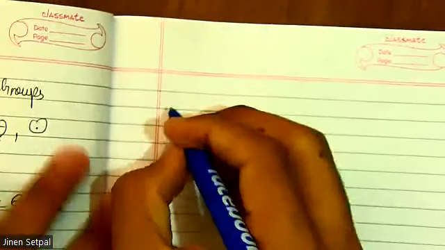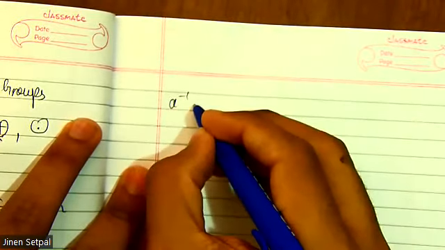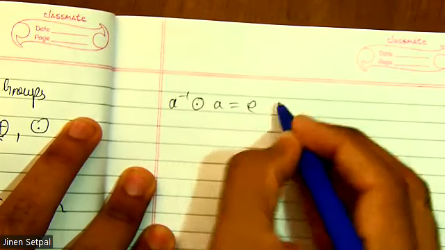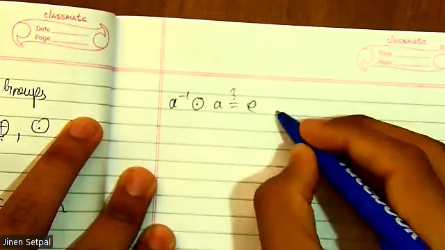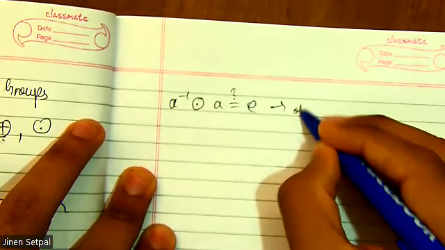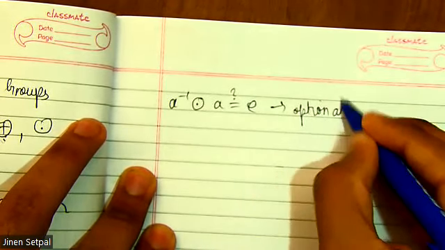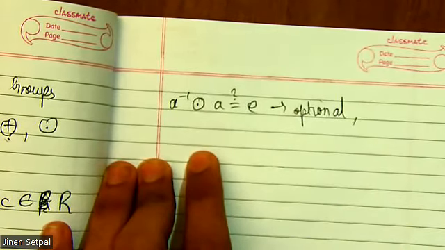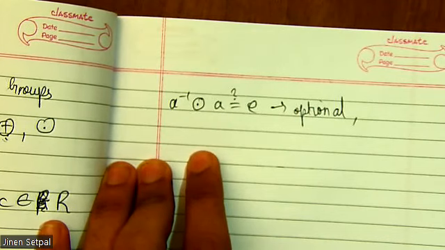Then the next one is another we have discussed, which is the existence of an inverse. This is also an optional dependency.